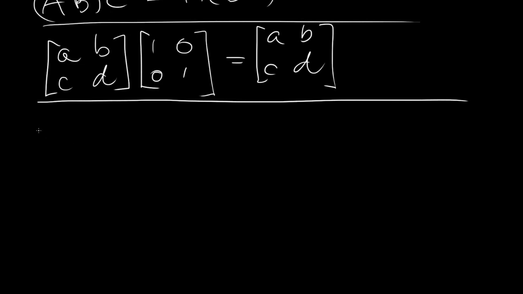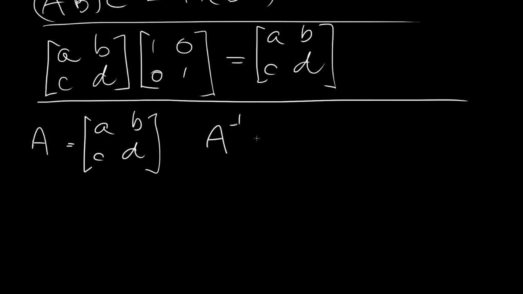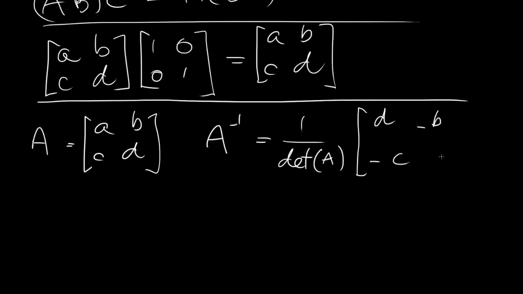Note that if we have a matrix A with entries A, B, C, D, then the inverse is equal to 1 over the determinant of A times the matrix D, minus B, minus C, and A. The only condition that does not allow this to be possible is if the determinant of A is 0.